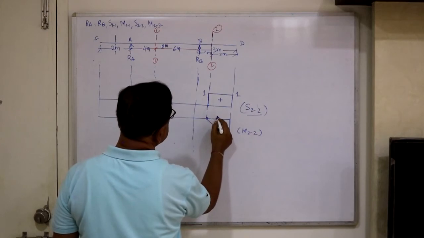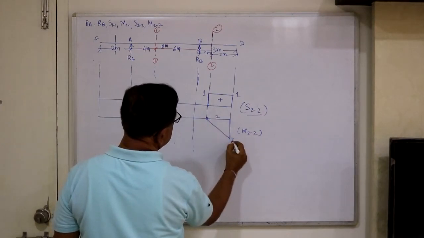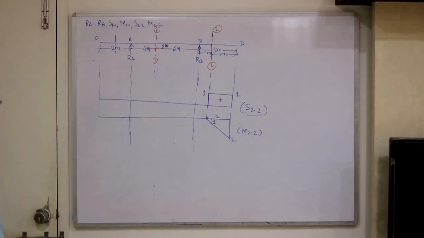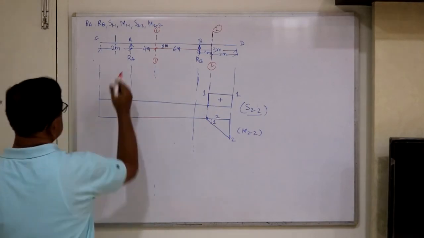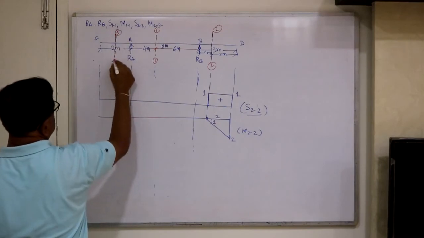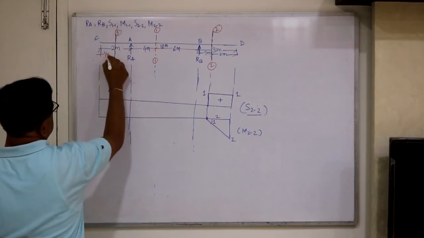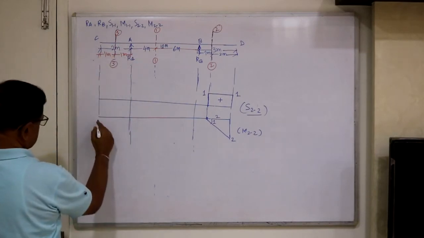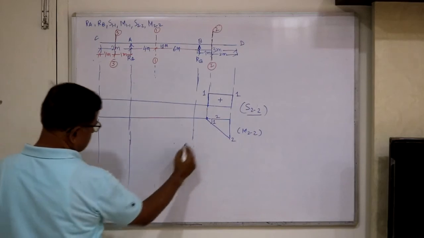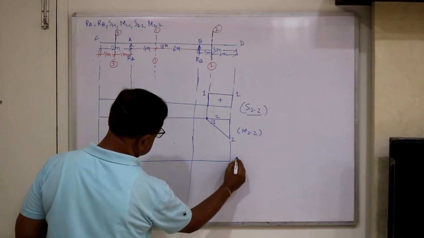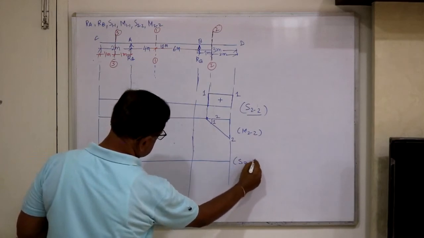And this base is 2, this should be 2 because this is 1. This is 1. Shearing is 1, bending moment is 1. Suppose you have a section 3 here. This is say 1 meter and 1 meter. If that is also a cantilever section, S3.